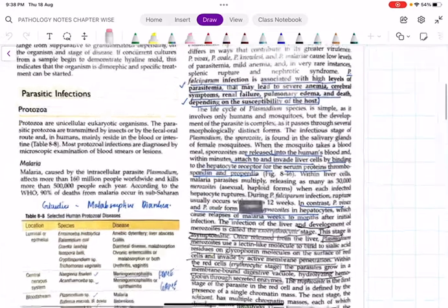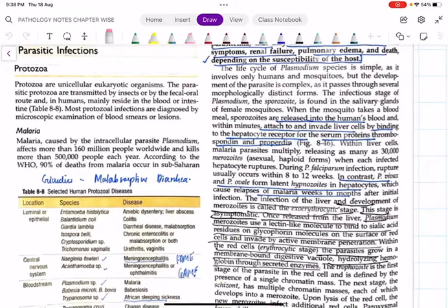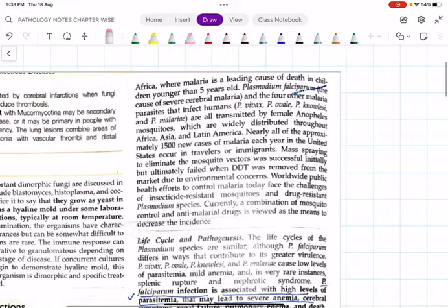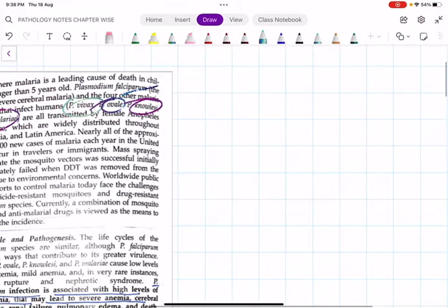So mainly it is the Plasmodium species which is going to cause malaria. We have a lot of Plasmodium species: vivax, ovale, knowlesi and malariae. Out of that, knowlesi has been found in Indonesia, in monkeys.